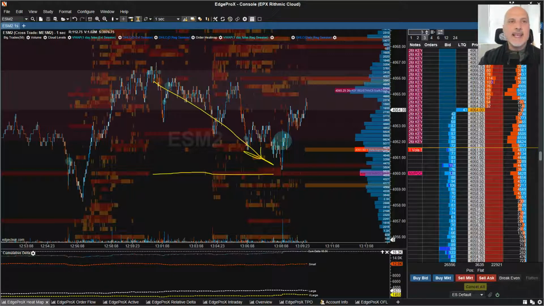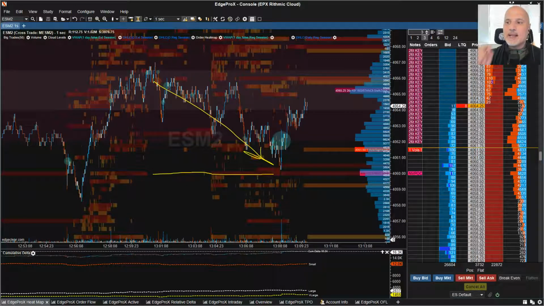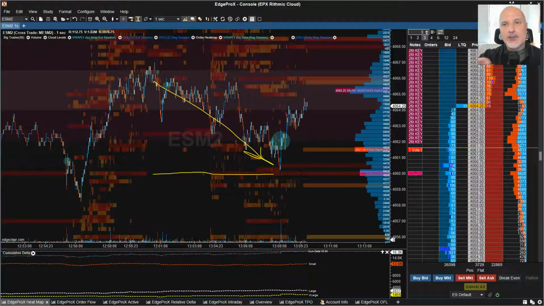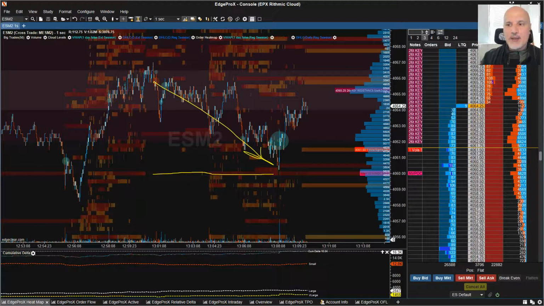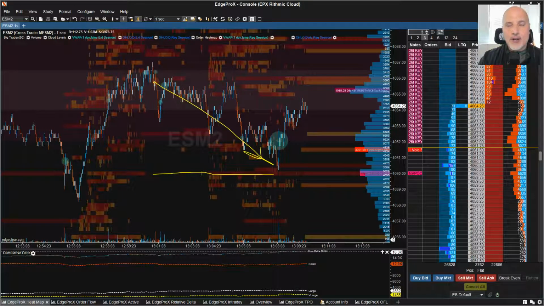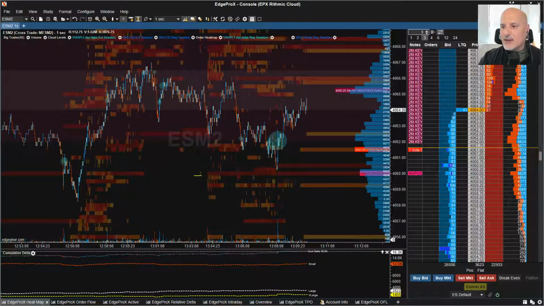This creates a temporary structure to scalp long against. I'm scalping long because I want to move with the direction of the bias. Yes, I can scalp short, but the opportunities are better on the long side, where I can get a runner going. As we move, you can see that this is getting darker.